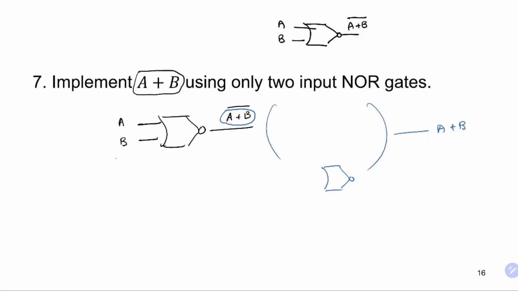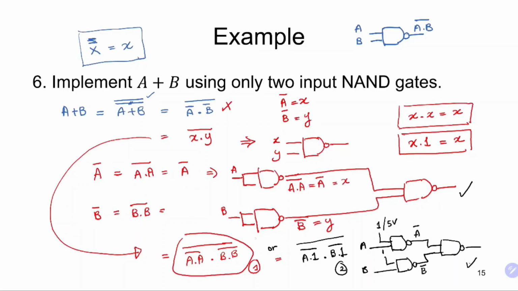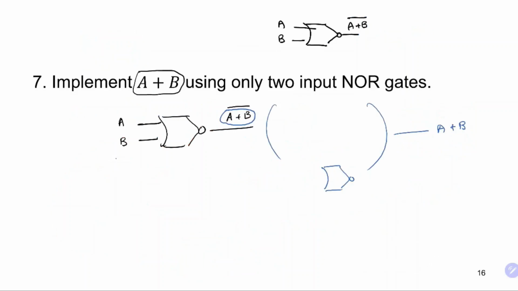Like the one we did before here, I achieved an inverter here using a NAND gate. How do I achieve an inverter here using a NOR gate? Again, let's go back to the law that we talked about earlier on.